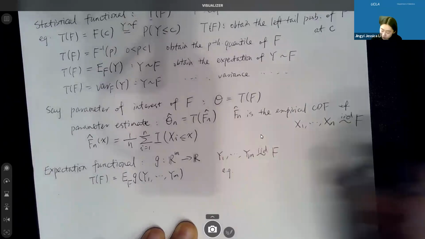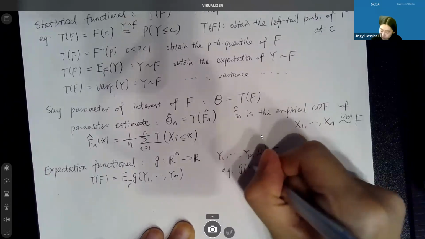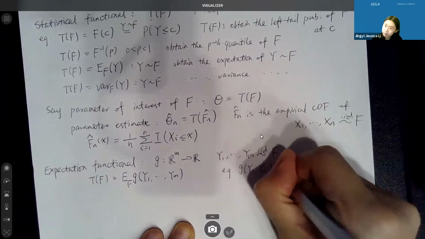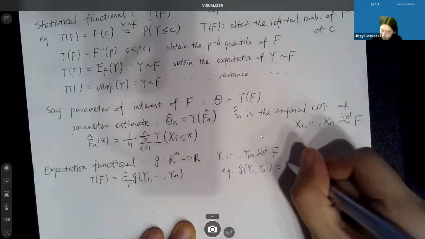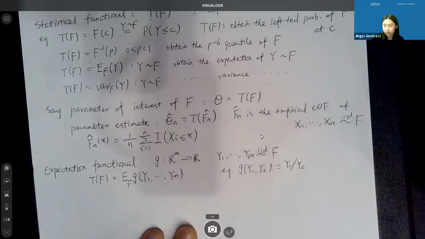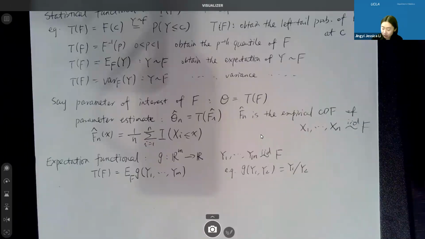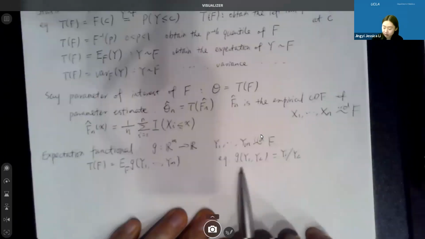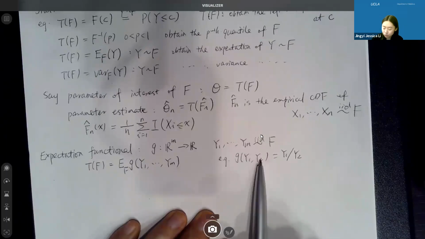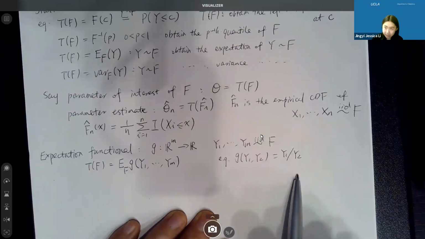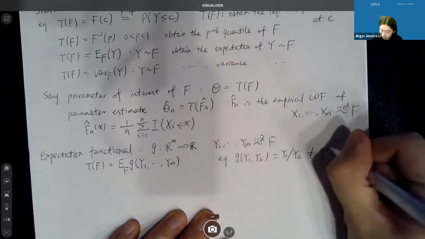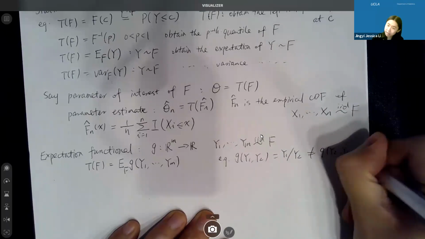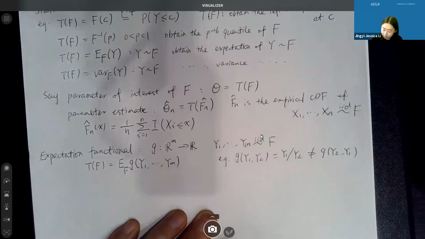If I define g(y1, y2), let's say m equals 2, and I have only two arguments, as y1 over y2, then clearly this g is not symmetric, right? Because if you swap them, then g(y2, y1) becomes y2 over y1, and that's not equal to y1 over y2. So g is not necessarily symmetric.